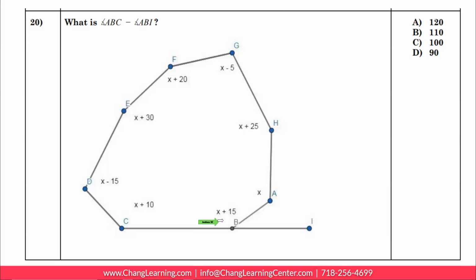And each angle measure is expressed as an algebraic expression going around the 8 vertices. ABI is the external angle to the shape. So if we approach from point I, it's this angle measure here. Then if we're part of this octagon shape, these are the 8 angles in the set.